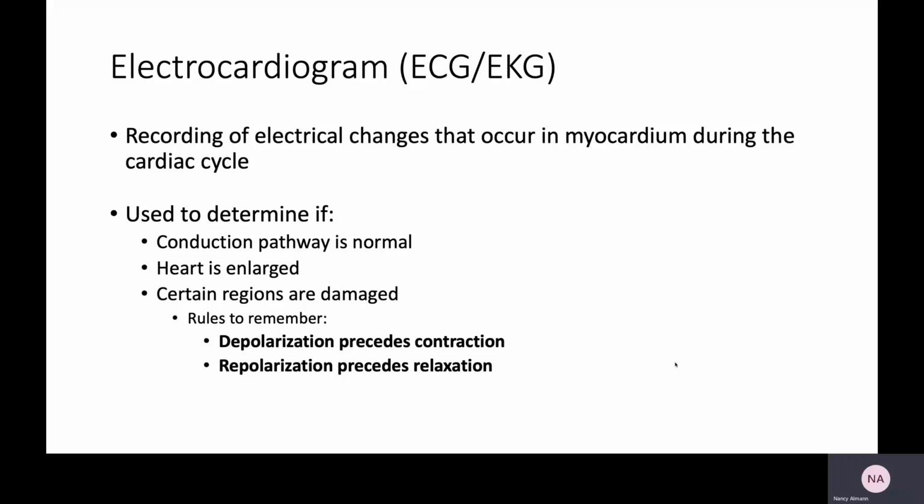Because it'll help you determine if you have a normal conduction pathway, if the heart is enlarged, or if various regions are damaged. Rules that are useful to remember are depolarization is going to precede contraction, and repolarization is going to precede relaxation.